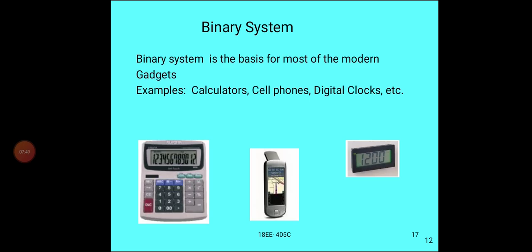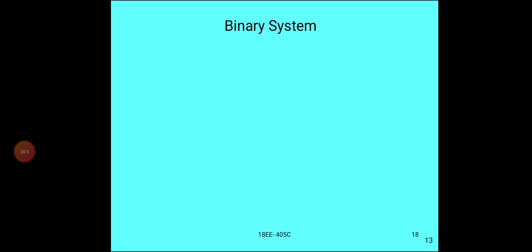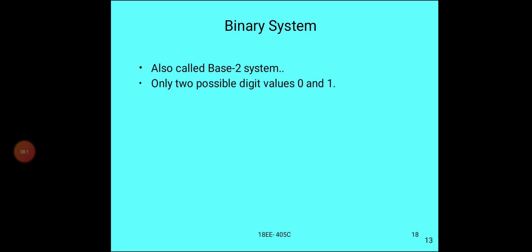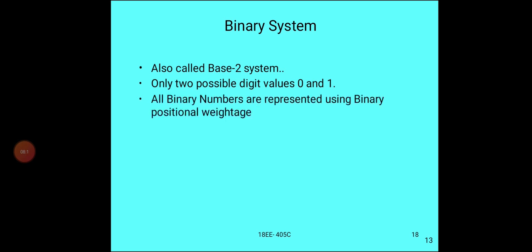Binary system. The binary system is the basis for most modern gadgets, for example calculators, cell phones, digital clocks, etc. The binary system is also called the base 2 system. It has only two positional digit values, 0 and 1.